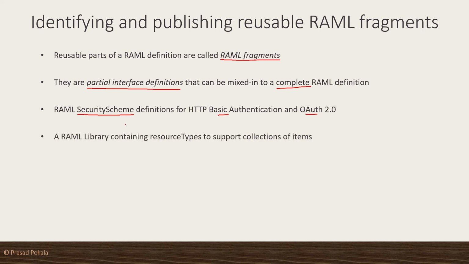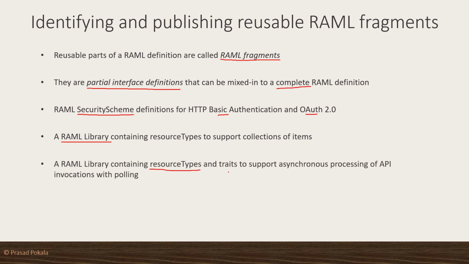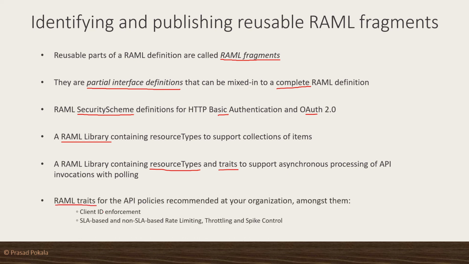Some other fragments are the RAML library containing resource types to support collections of items, and the RAML library also containing resource types as well as traits, like we used in some of the lectures in the previous section, to support asynchronous processing of API invocations with polling, etc. And RAML traits alone, without the library, for the API policies recommended at your organization, like client ID enforcement, SLA based and non-SLA based rate limiting, throttling and spike control, etc. We can have traits even for such kinds of policies or NFRs.